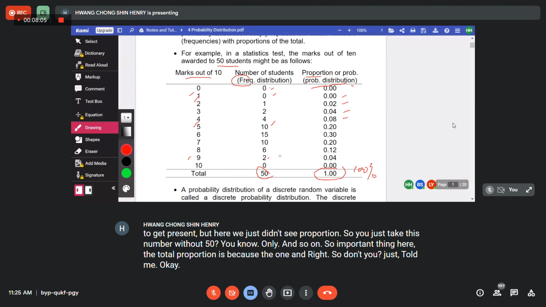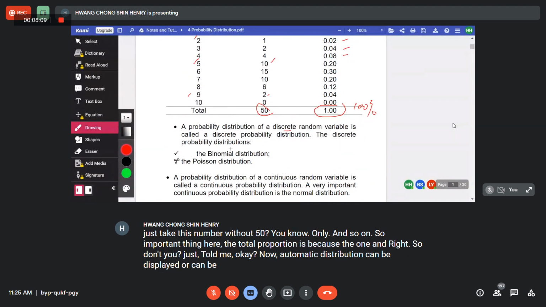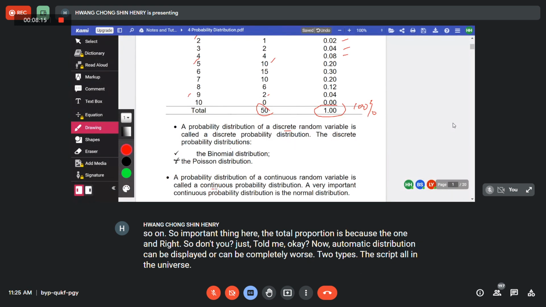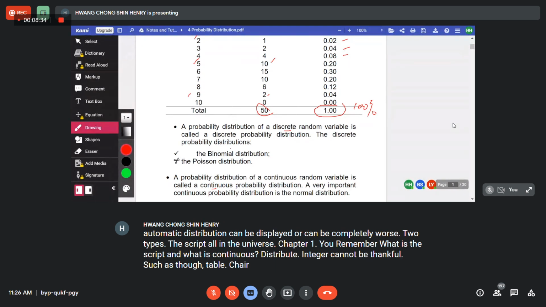Now a probability distribution can be discrete or continuous. Two types: discrete or continuous. Chapter 1, you remember what is discrete and what is continuous? Discrete means integer, cannot have decimal points, such as table, chair, cars, all these are discrete.